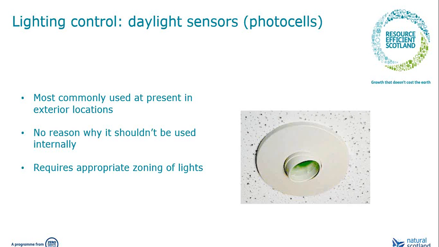For example, in many offices there's a row of lights next to the windows which is almost always on, and if there was a photocell controlling them, they could be switched off during the day for a large proportion of the year. So photocells can be a very good option in that situation. You also get combined units with photocells and presence detection in one unit.